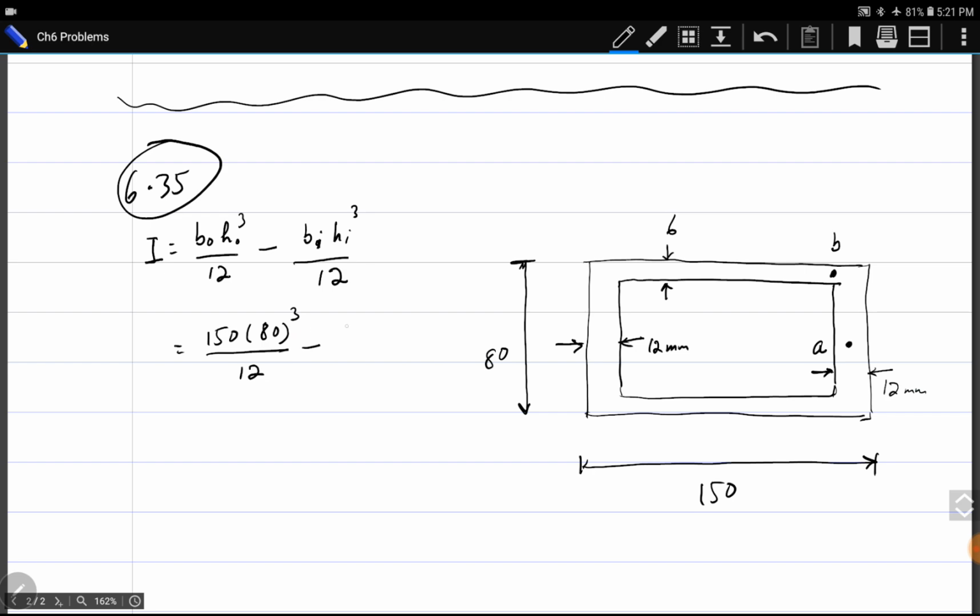So it is 126. Total height 80 minus 6 minus 6 becomes 68.